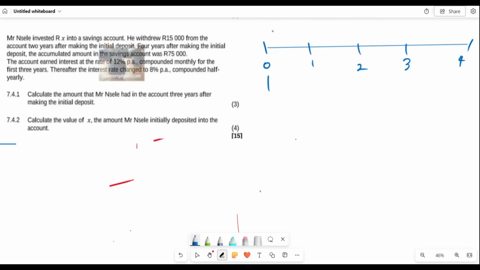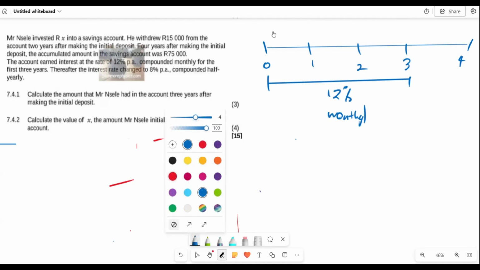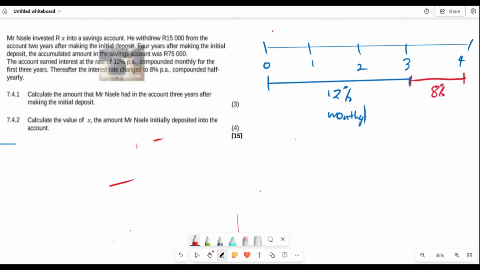Then they said from 0 up until the 3rd year, it earned an interest of 12%, and this interest was earned monthly, right? After that, there is also a window period of 1 year where the interest earned was 8%, compounded semi-annually, if I'm not mistaken.